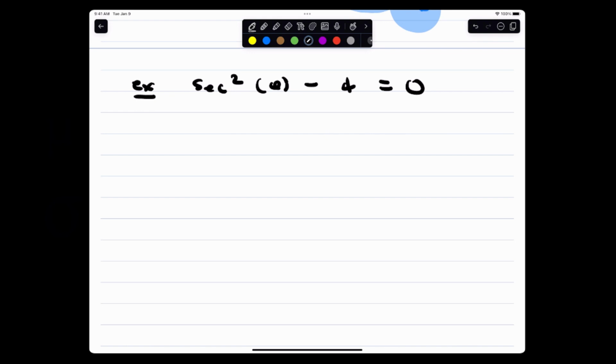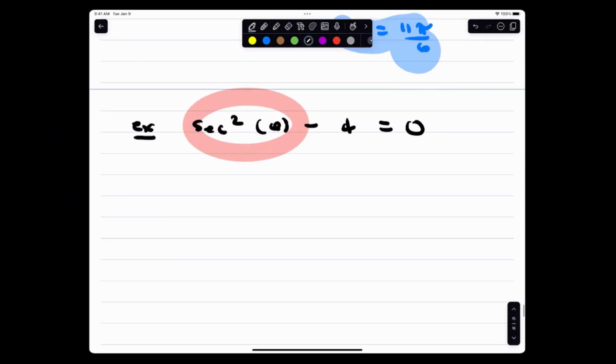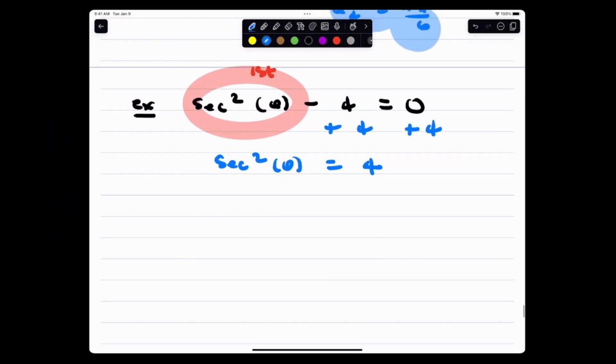Let me do this here to let you guys remember. Well, let's do this here together at least. See this here? We're going to have to solve for this first. Remember that? So that means secant squared theta, if we add that 4 to both sides, will be 4.